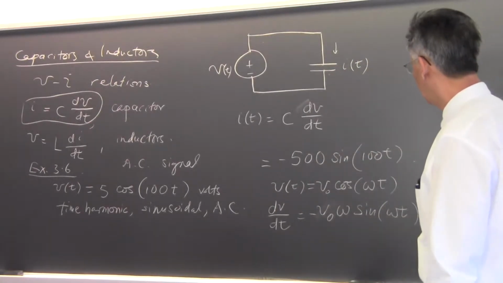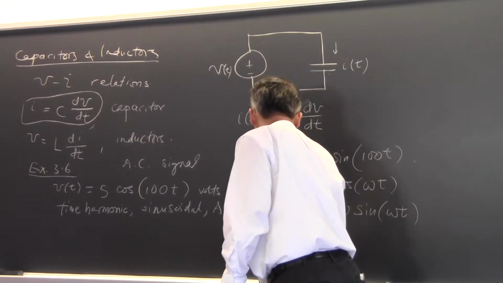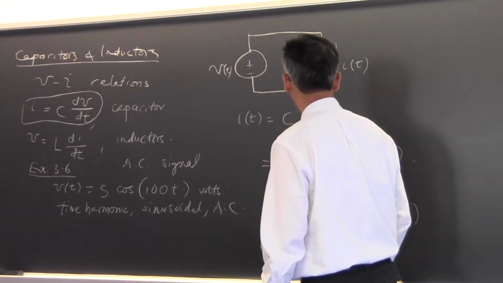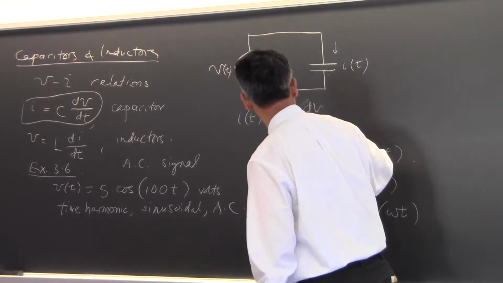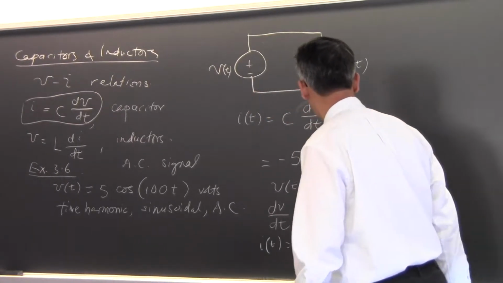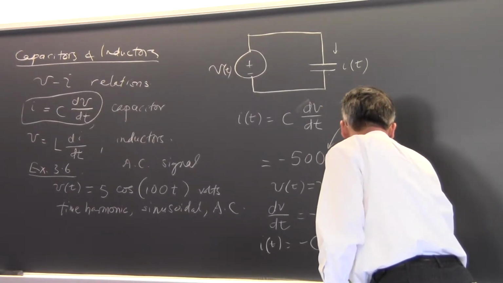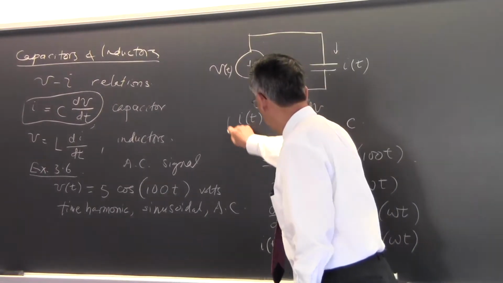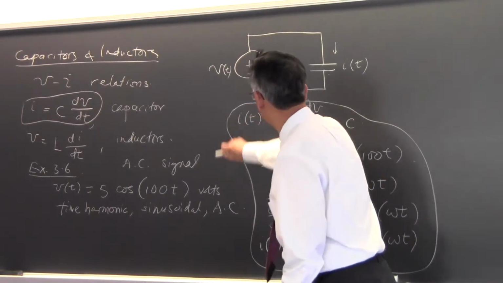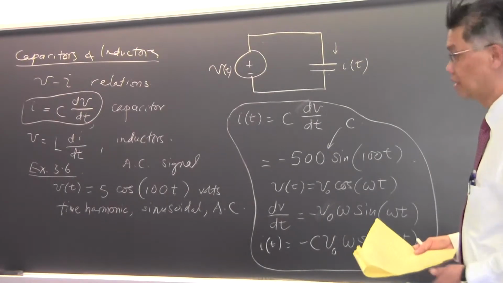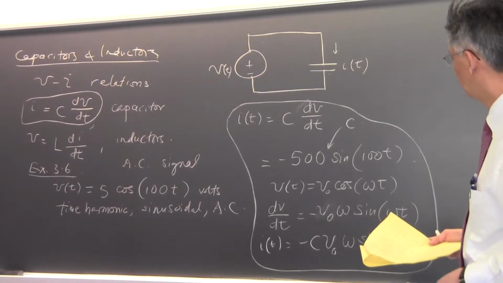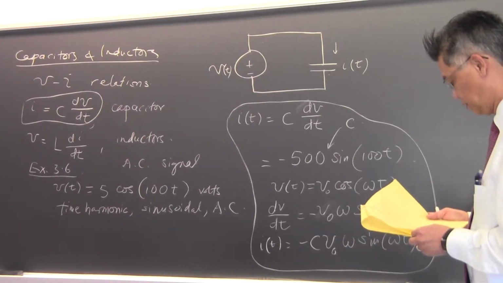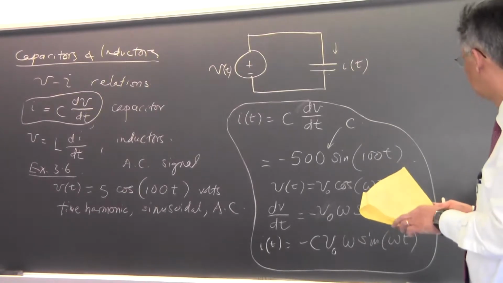And then I of t is just equal to minus C V naught omega sine of omega t. I should multiply by a C here as well. So that is the general procedure to find the current in this circuit when the capacitor is hooked onto an AC source.